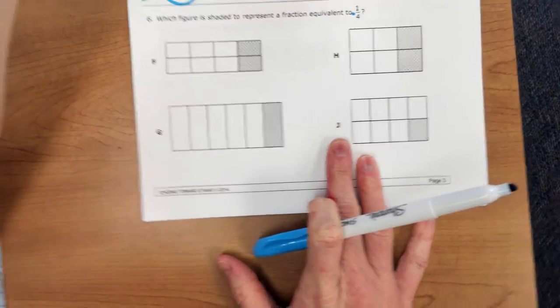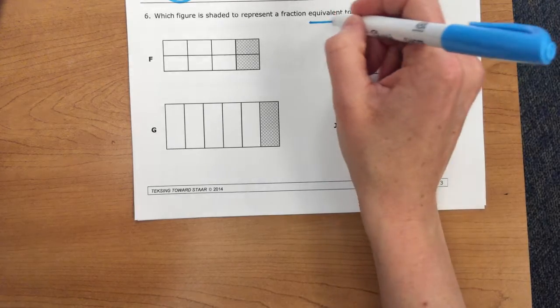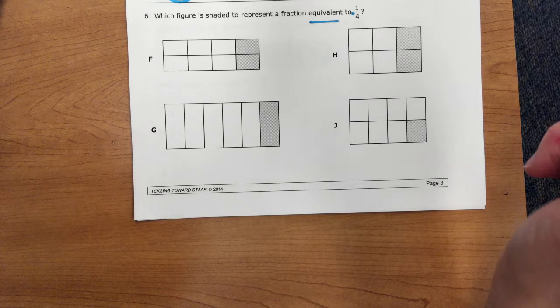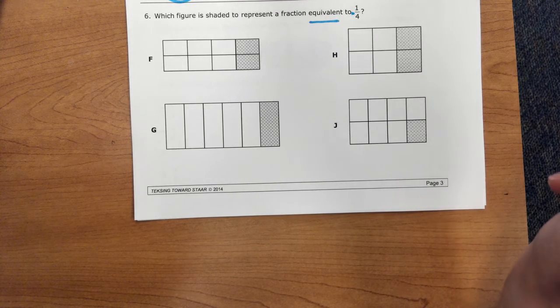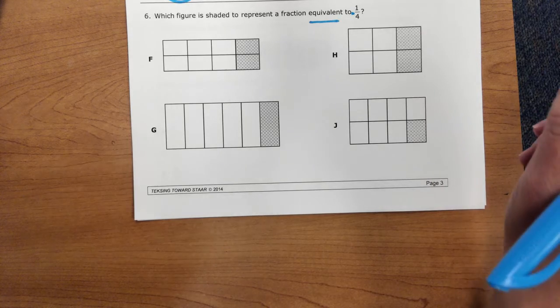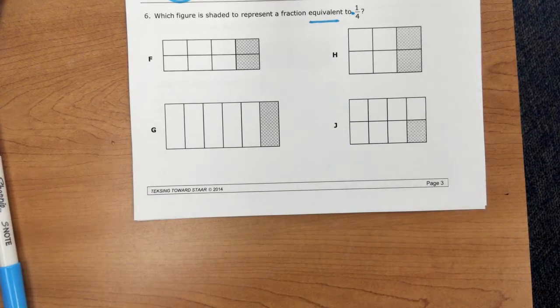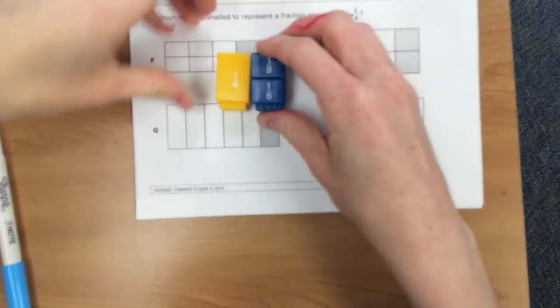Okay, which figure is shaded to represent a fraction equivalent to 1/4? When we look at these, we need to use that boxing method that I showed you a little bit earlier on the last question. Remember, sometimes there's going to be tiny baby bites and a big bite.